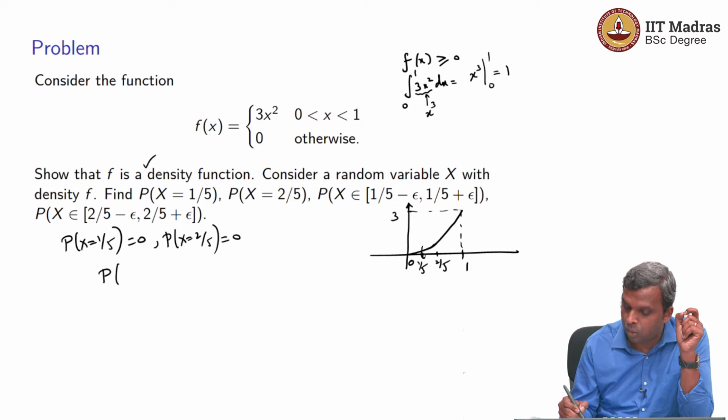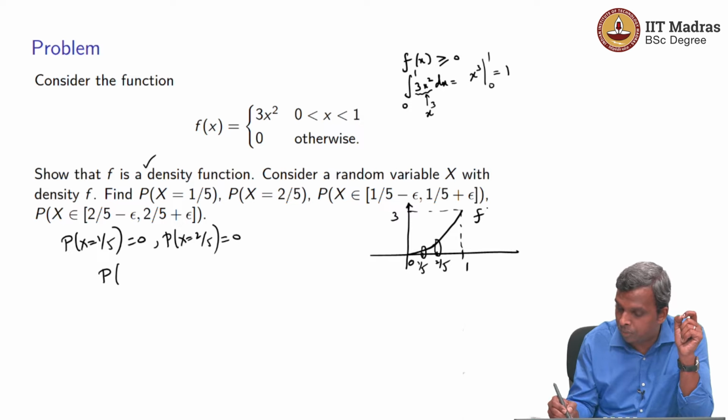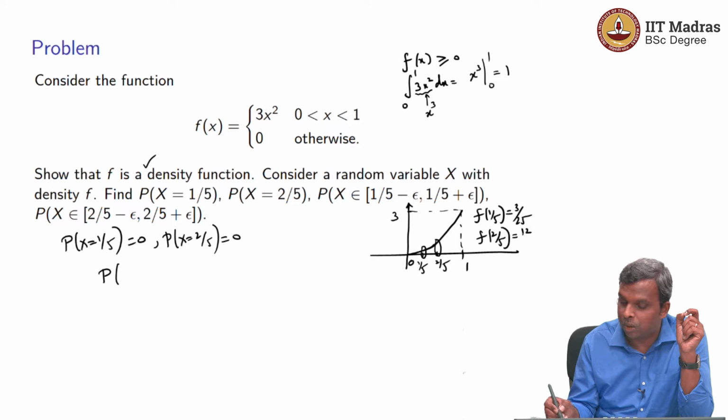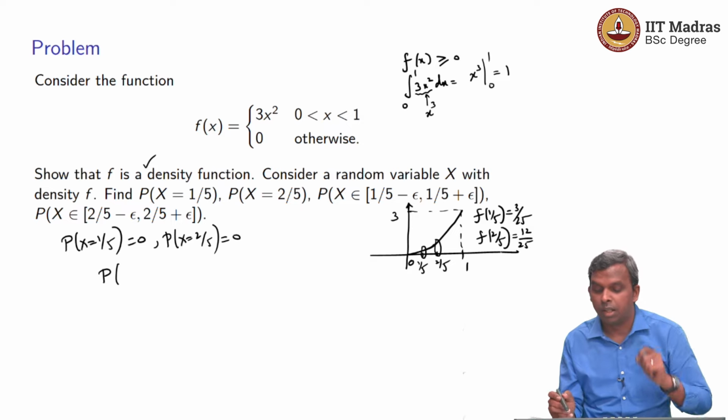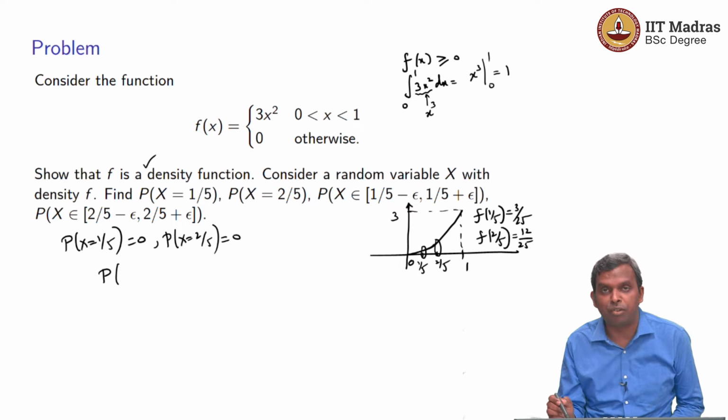So at 1 by 5 and 2 by 5, if you look at f of 1 by 5, it's 3 times 1 by 25, that is 3 by 25. f of 2 by 5 is 3 times 4 by 25, that is 12 by 25. So the density at 2 by 5 is 4 times the density at 1 by 5.